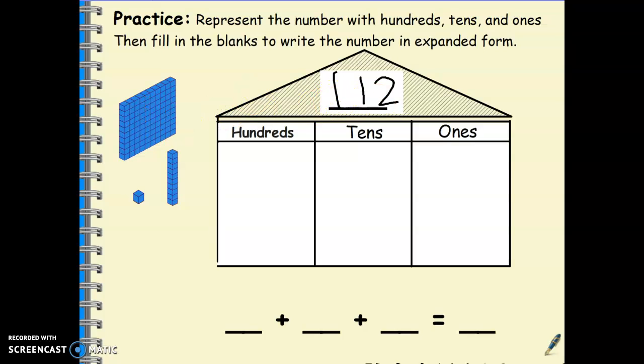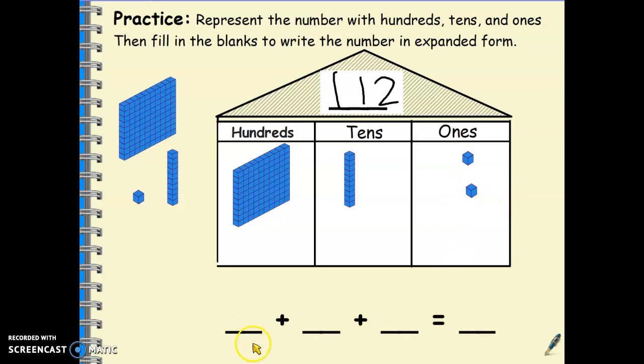So I'll need 100, 10, and 2 ones. This is 100, 10, 2 ones. That makes it 100, 110, 111, and 112.